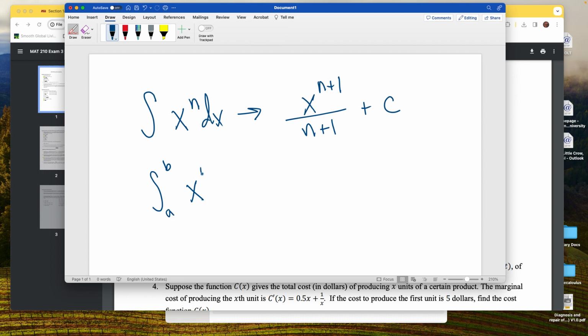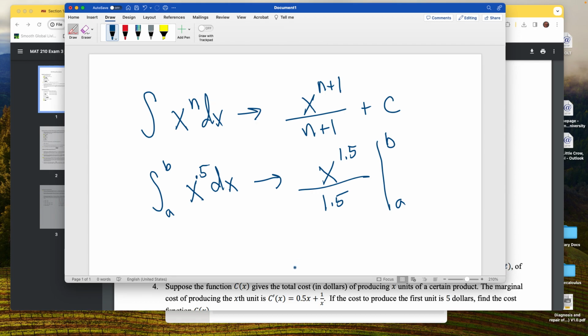let's just take an example, x to the 5th. How about x to the 0.5, which is also the square root of x, right? The half power. To integrate this, we're going to get x to the 1.5, adding 1 plus 0.5. We're going to divide by 1.5, and then we're going to evaluate this from a to b, whatever those numbers are, right?